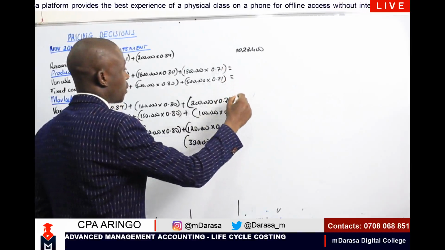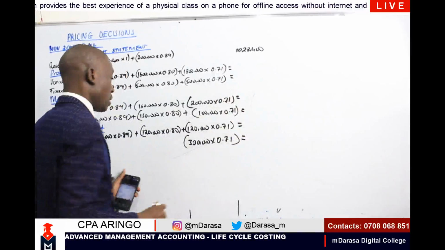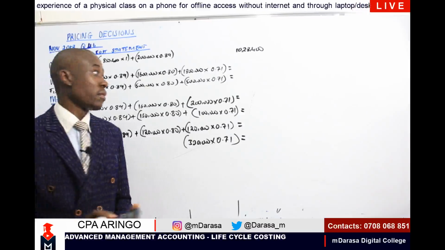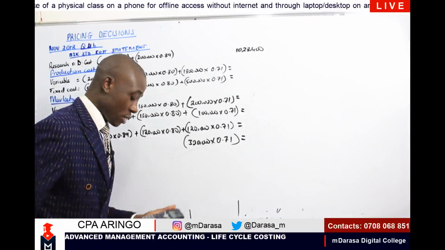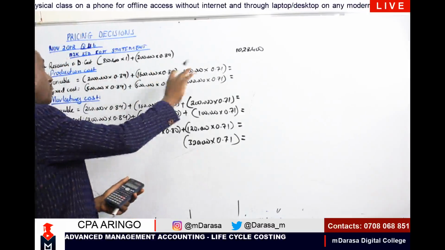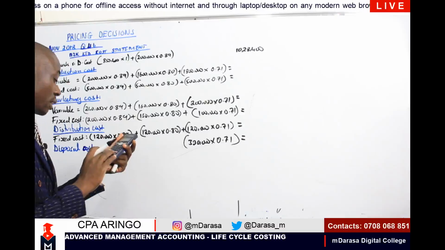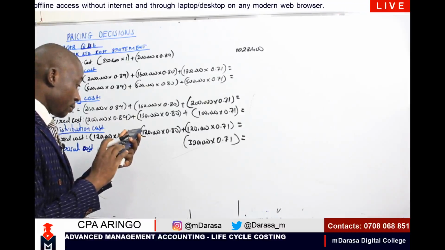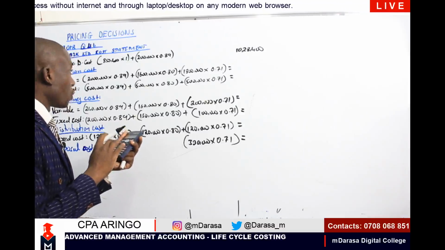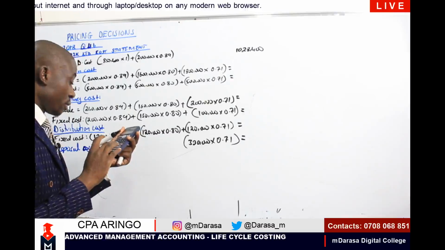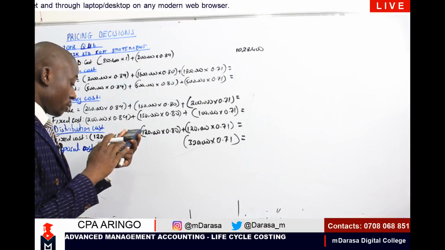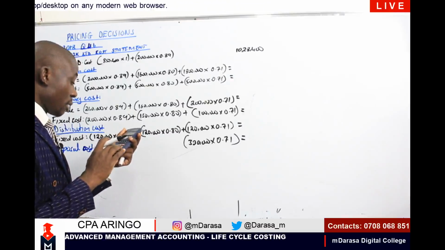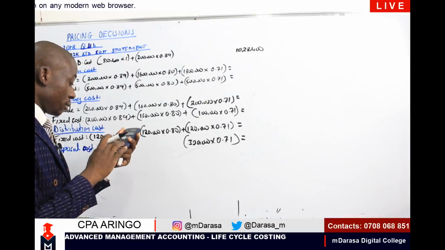So determine our total costs at this point. What should we be having? Just sum it up because I know by now you must have done it. So 2 million by 0.89, we are going to add 1.6 by 0.80, we are going to add 1.8 by 0.71.